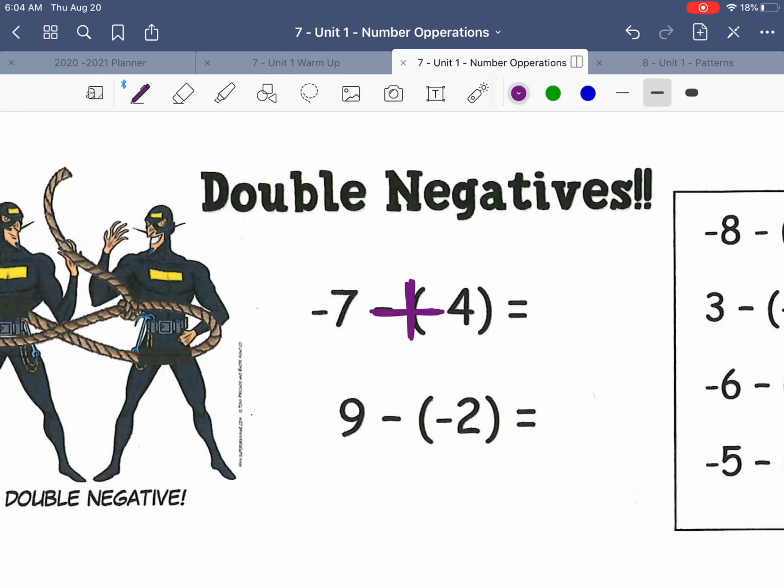Again, our answer is going to be the sign of the larger number because those are different. So 7 is going to be the bigger number, so our answer is negative. And then 7 minus 4 is 3. The last one right here is 9 minus -2. Again, I'm going to make this into a plus sign. 9 plus 2 is 11.